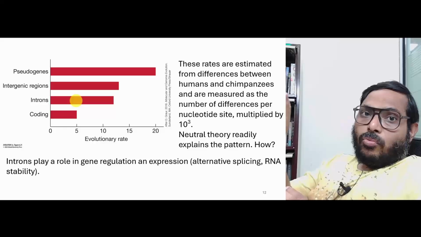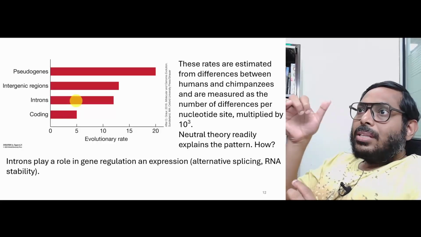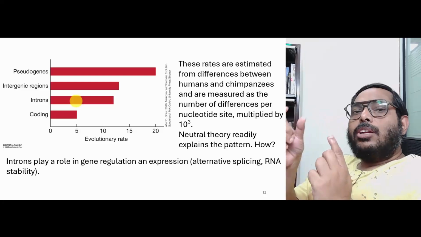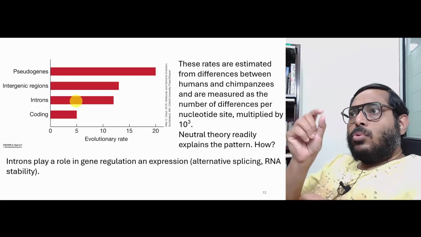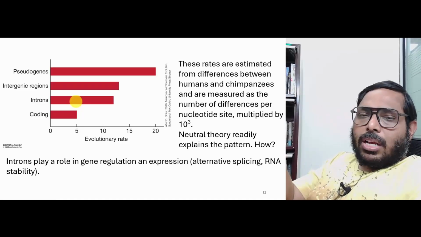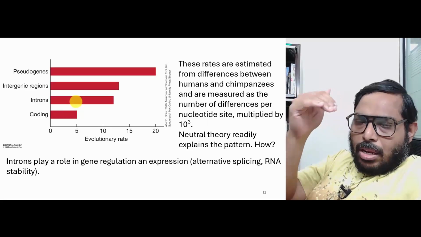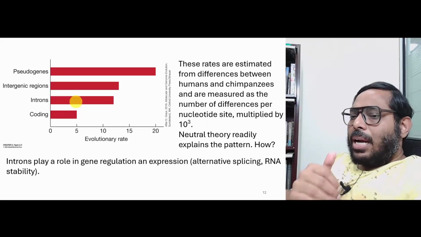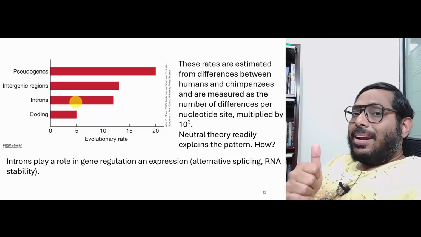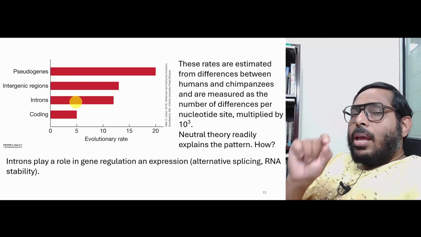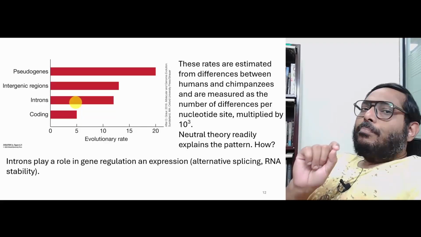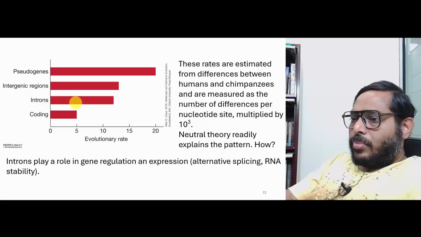So, depending on which introns are there, the same version of the mRNA can lead to multiple proteins through different combinations of the exons, and the introns play a role in determining which exons get combined with each other. And secondly, it has also been shown that introns play a role in determining RNA stability. That is why if there are mutations happening in the introns, they are not completely selectively neutral.